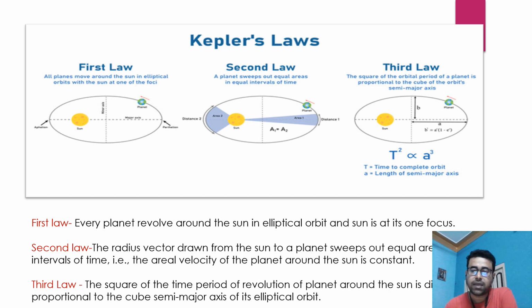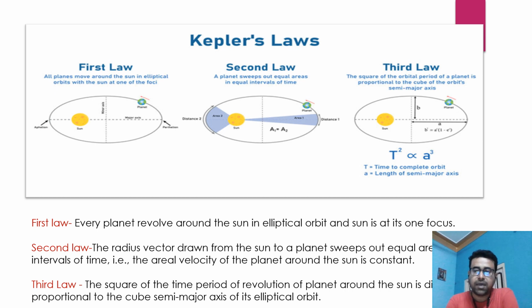These three are Kepler's laws of planetary motion, and they are applicable everywhere, not only in our solar system. Wherever there is a planetary system, it will hold good in every aspect.